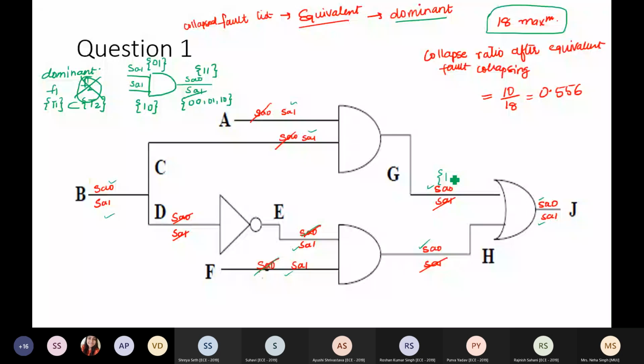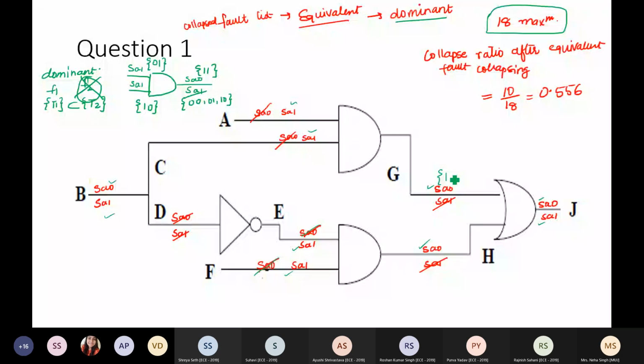So if I compare these now, this stuck at 0 and this stuck at 0, their test patterns lie completely here. Therefore, I can eliminate this stuck at 0 fault.